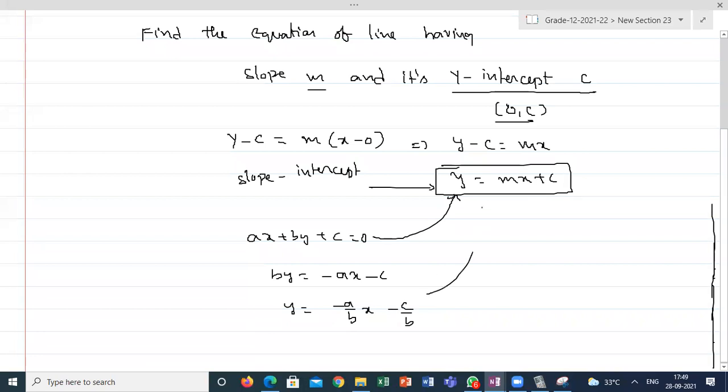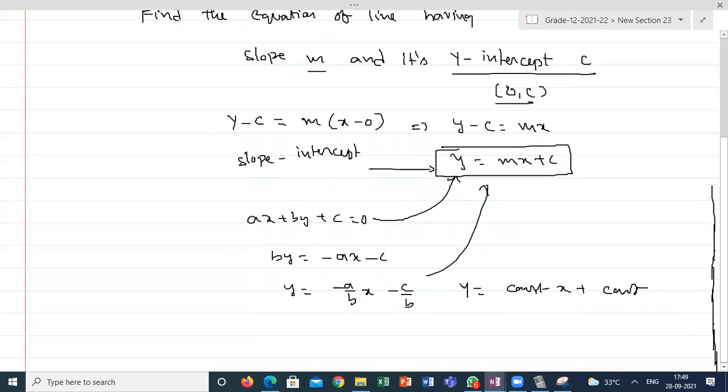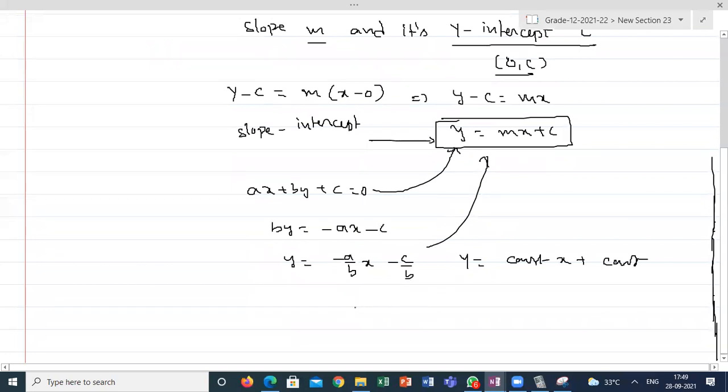So this is looking exactly like y = some constant into x plus some constant. The constant which is multiplying x is known as slope of that line, and the remaining constant is known as y-intercept.